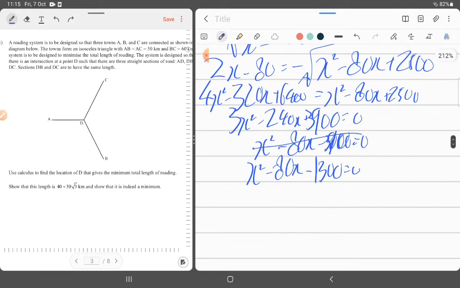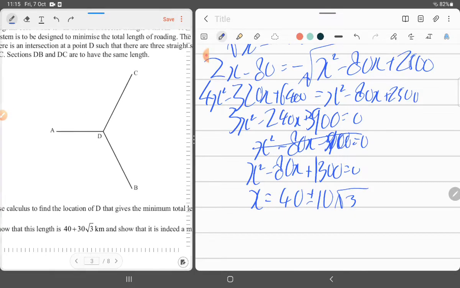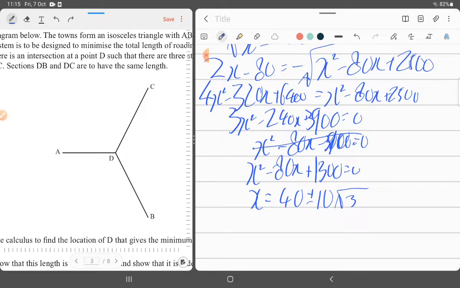Is that 40 plus minus 10 square root of 3? But then, if x is equal to 40, no, 40 plus 10 square root of 3 is like 57.